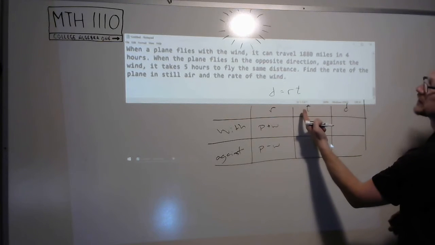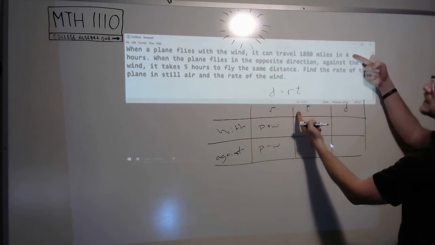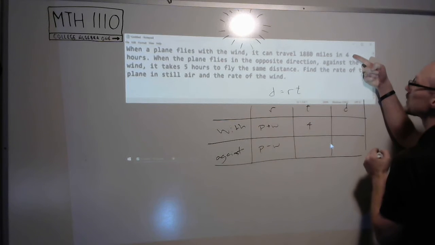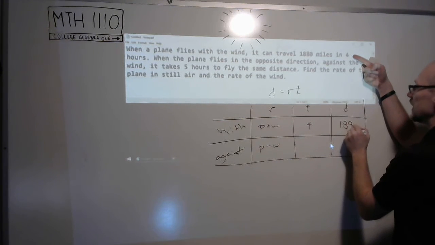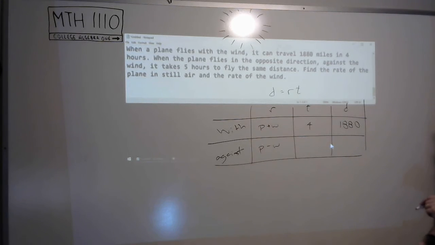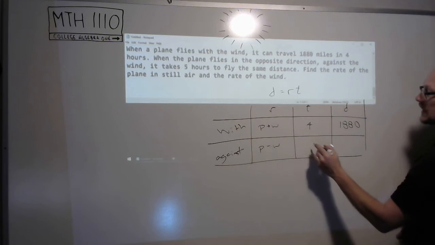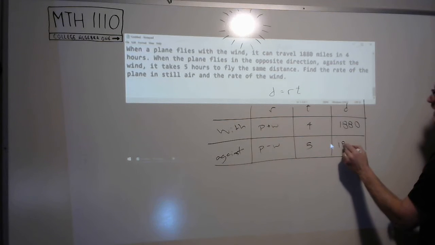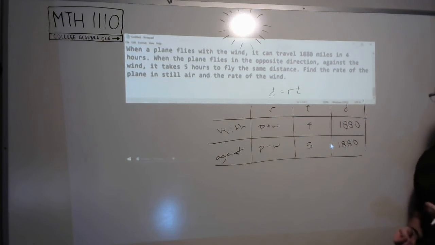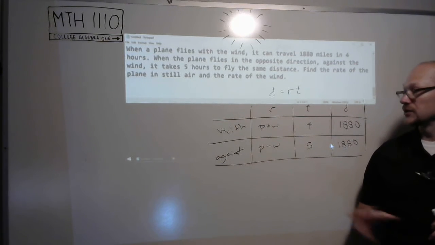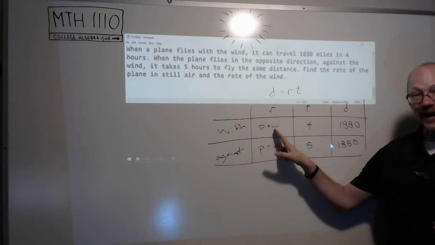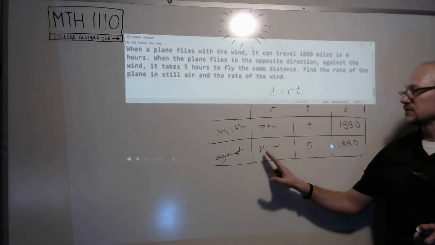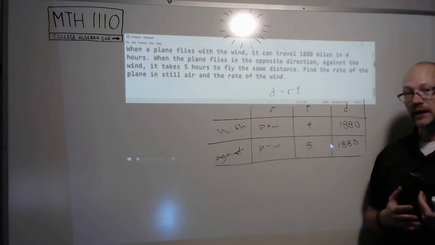And it looks like the time with the wind is 4 hours, and it can travel 1,880 miles. And flying against the wind, it takes 5 hours to fly that same distance. So you see how I've organized my stuff here. I've recognized that the plane flying with the wind is going to be helped and is faster, and the plane flying against the wind is going to be working against it.